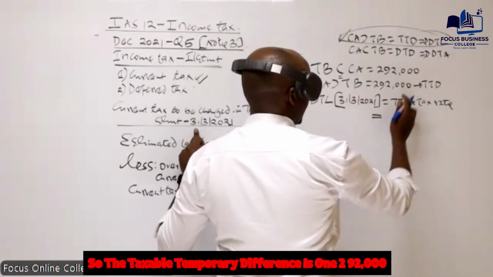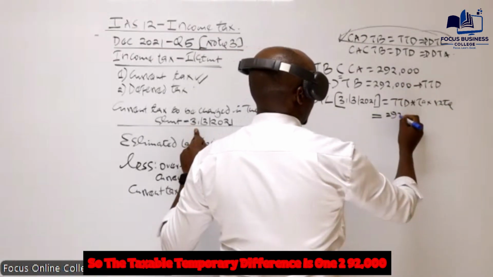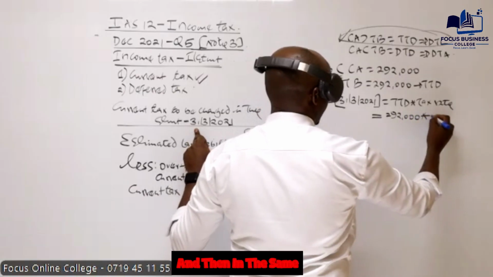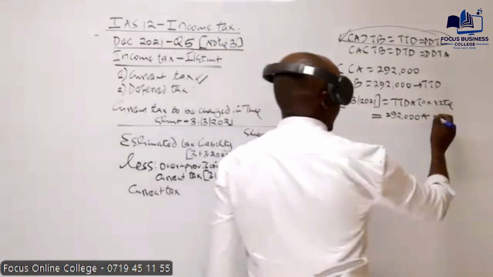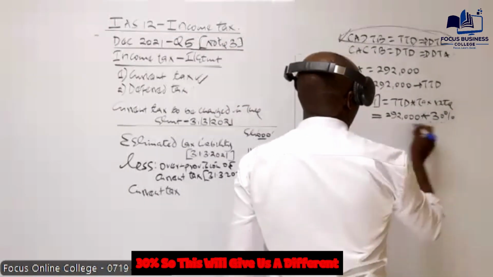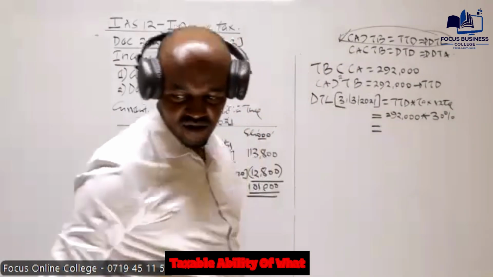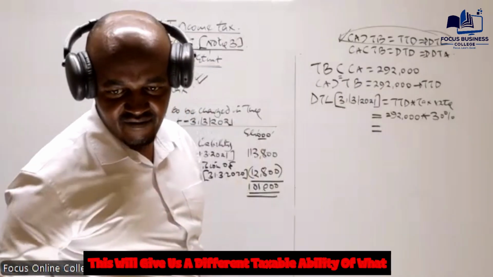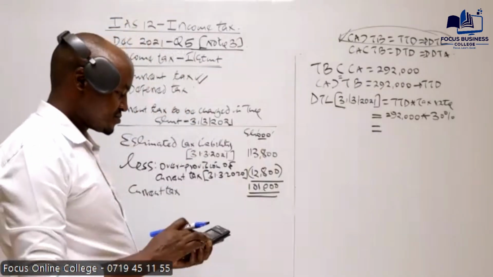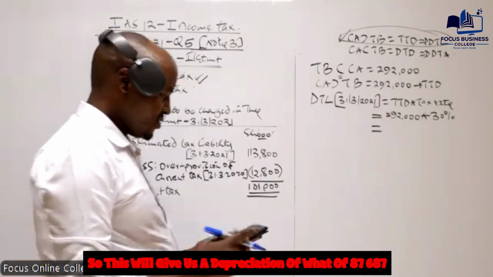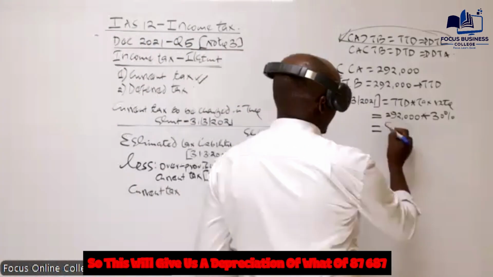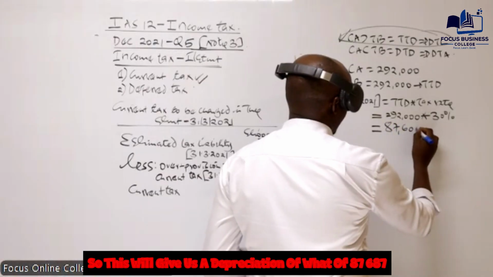The taxable temporary difference is 292,000, and in note number 3 we have the tax rate, which is 30%. So this will give us a deferred tax liability of 87,600.